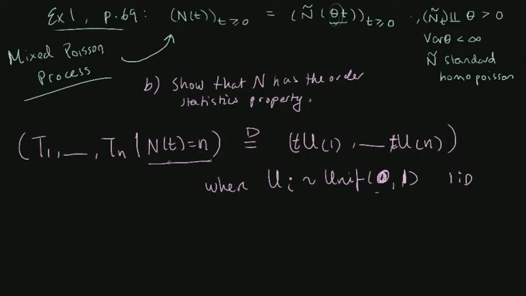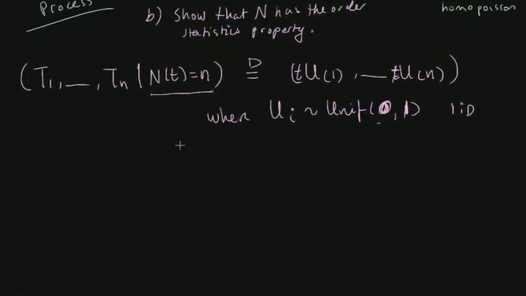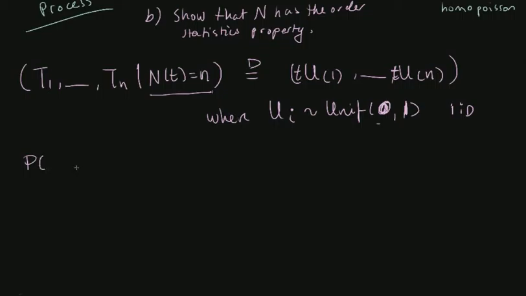Okay, so let's just show that N has the order statistics property. One way that we can do this is by showing that the probability that T1 is smaller than or equal to some value x1, and so on, up to Tn being smaller than or equal to some value xn, given that N(t) is equal to n, has the same distribution function as this thing.